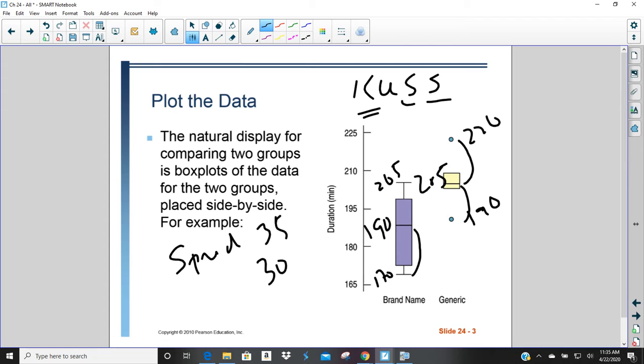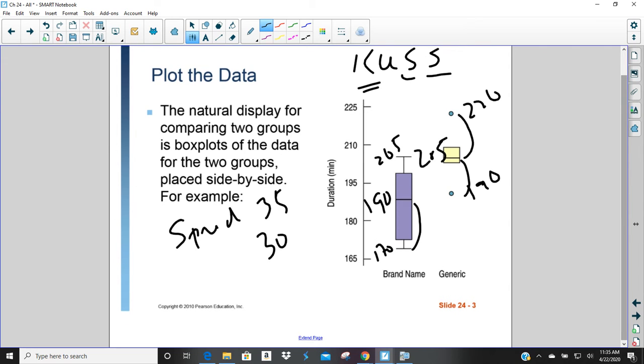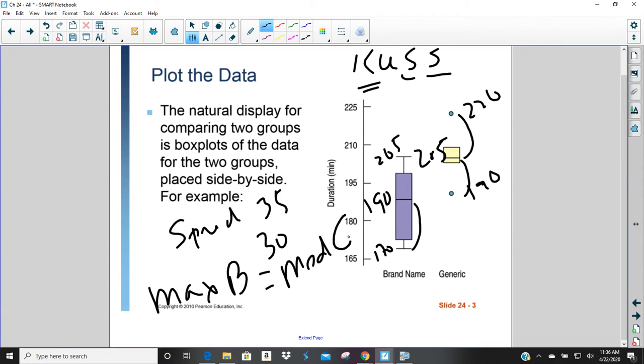I also like this because now I can quickly say something to the effect of, also, if we're talking about comparisons, I would like to say that the max of the brand name is equal to the median of the generic. And I would like to say that the min of the generic is equal to the median of the brand name. I mean, that's powerful information.